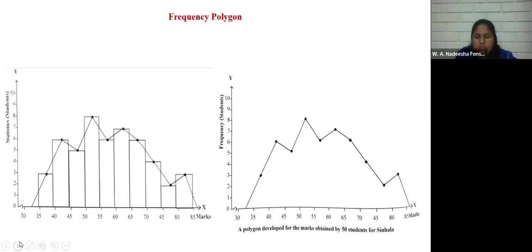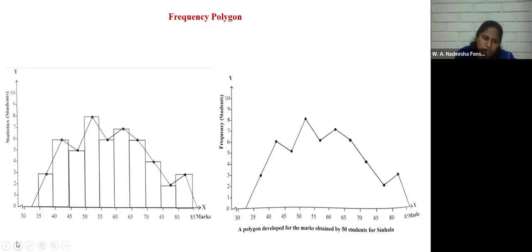Is it clear? By looking at this frequency polygon also, we can get much data. So the highest frequency is like this, like that. There are several purposes for using histograms and frequency polygons.